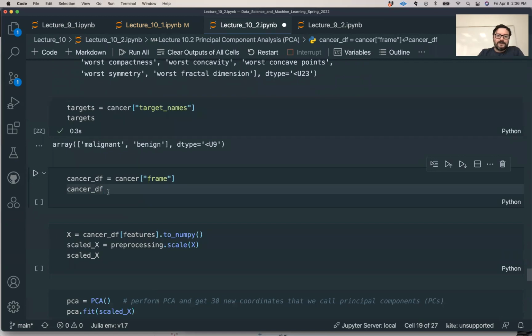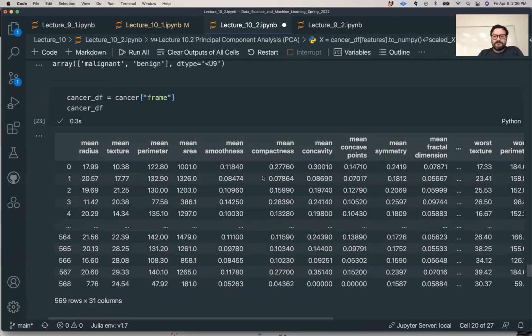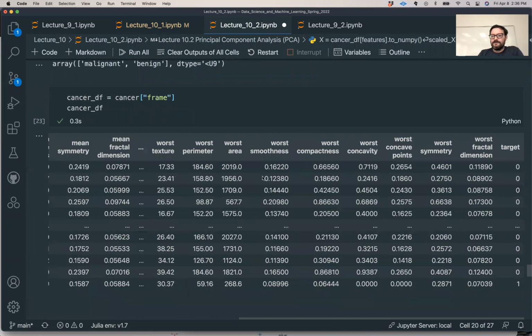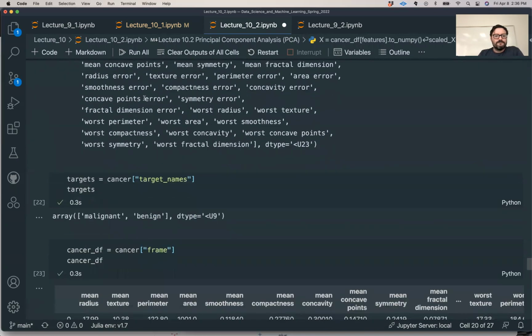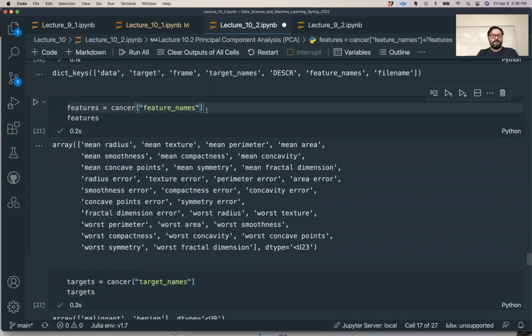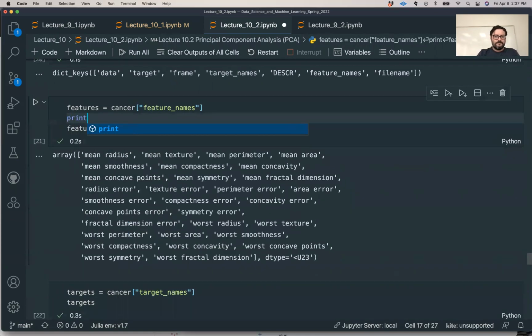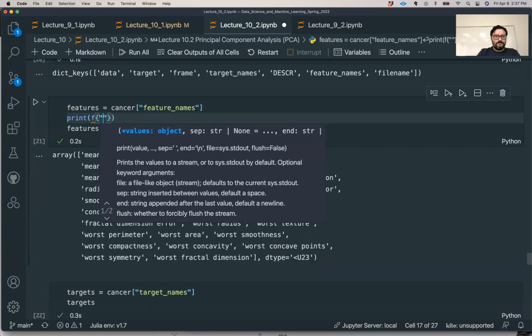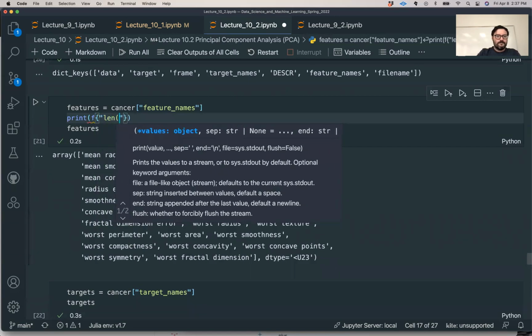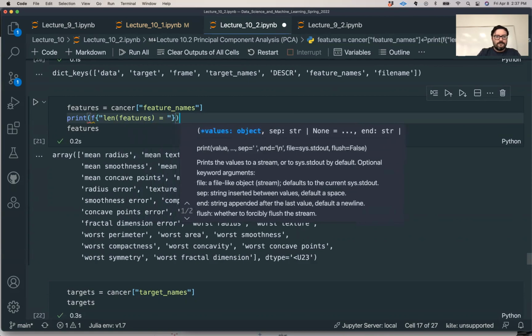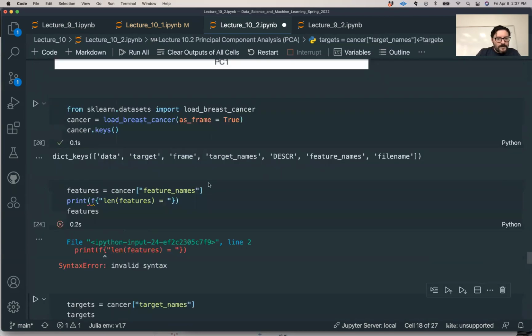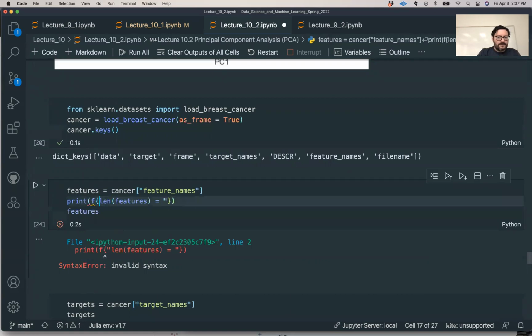So then I grab my data frame out of there. There it is. Look at all those features. How many are there actually? Well, it's inside of that, it needs to be outside.